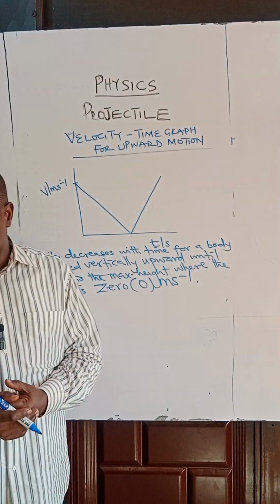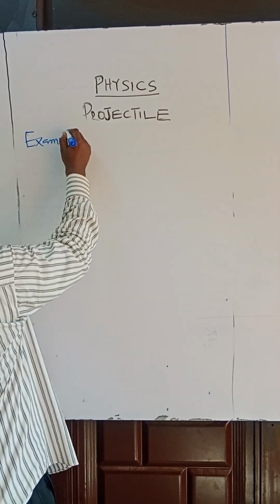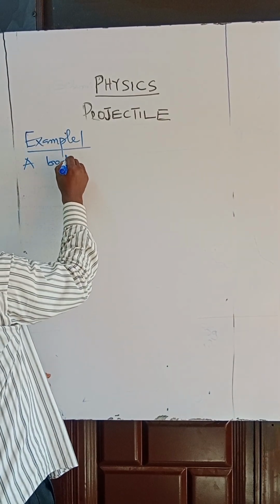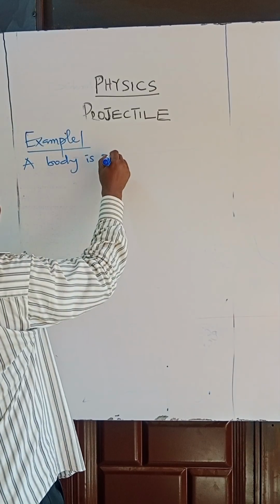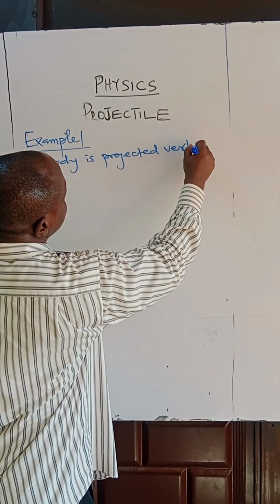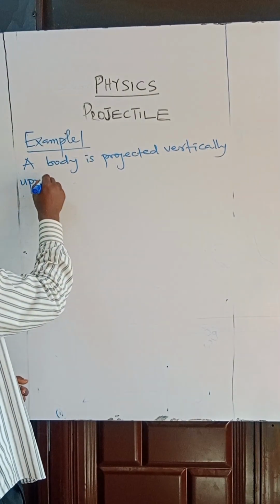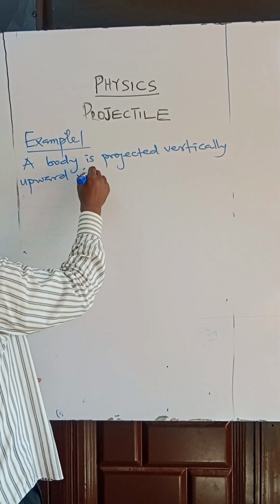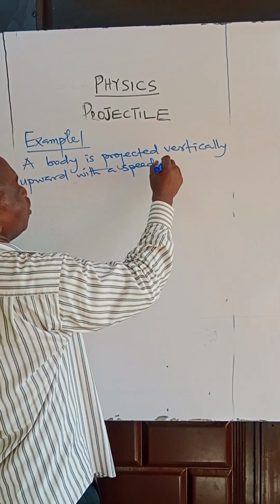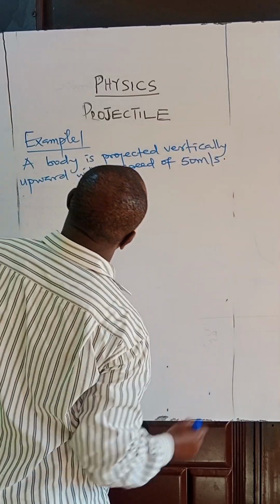We are going to look at one or two examples. Example 1. A body is projected vertically upward with a speed of 50 meters per second.